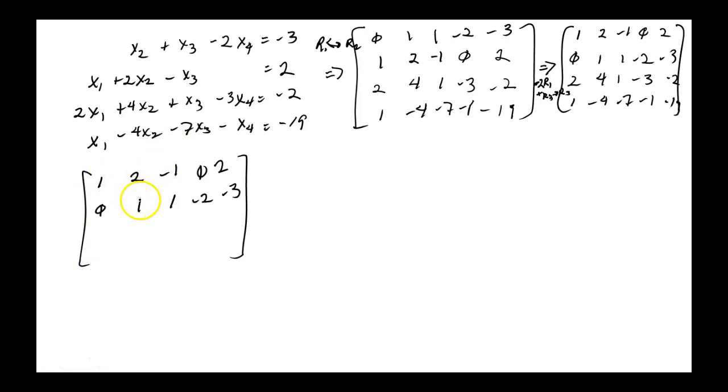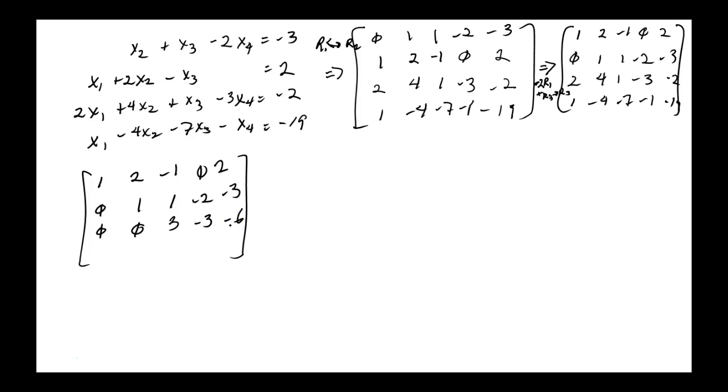New row 3 is then what? 0, 0, 3, negative 3, negative 6, isn't it?